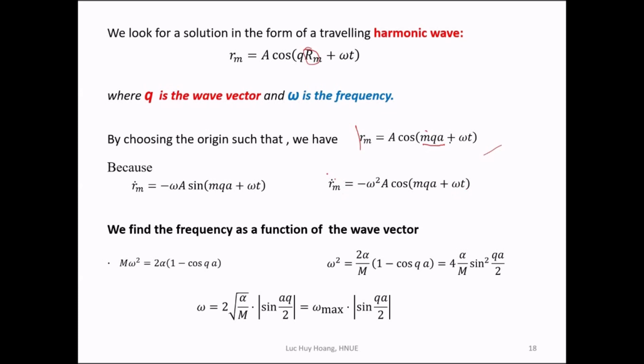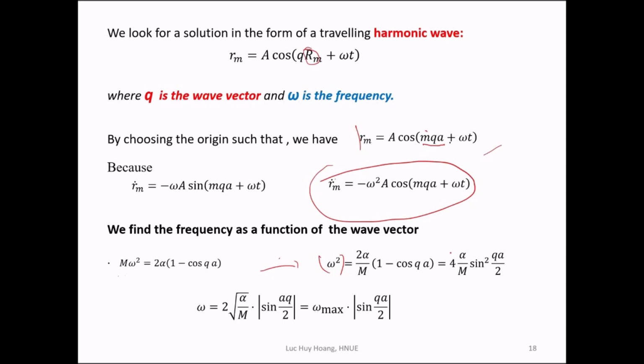From this equation, we have this equation to find the frequency: M omega square equals alpha times 2 times 1 minus cosine Qa. And from the equation, you can easily get the frequency that we are going to find. So we can find the frequency equation in this form.